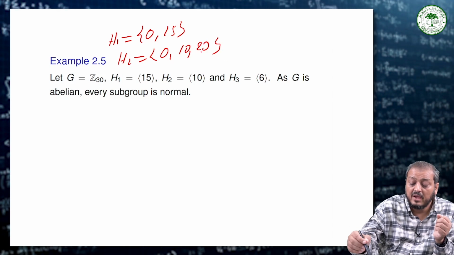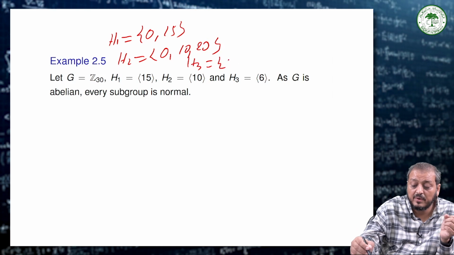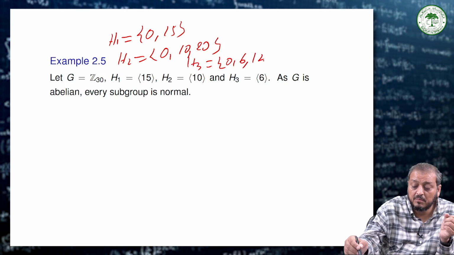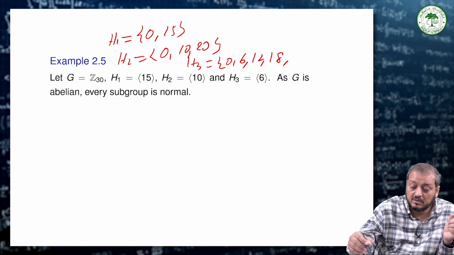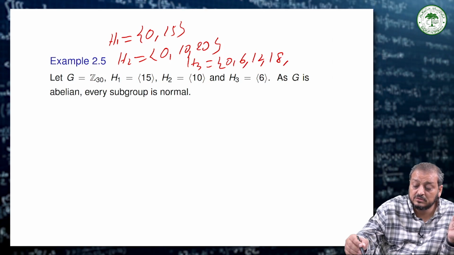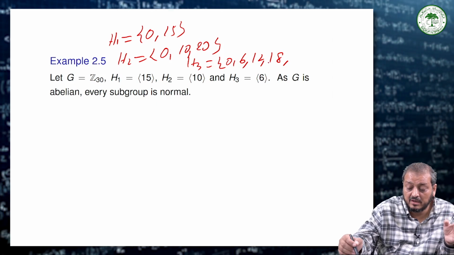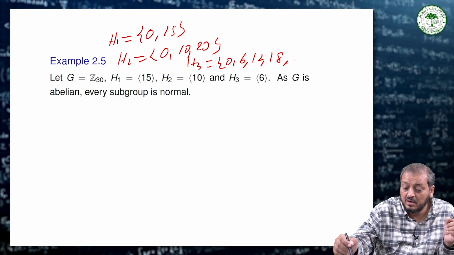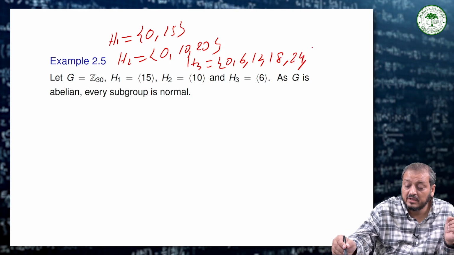H3 generated by 6 has the elements 0, 6, 12, 18, 24, and then nothing more.